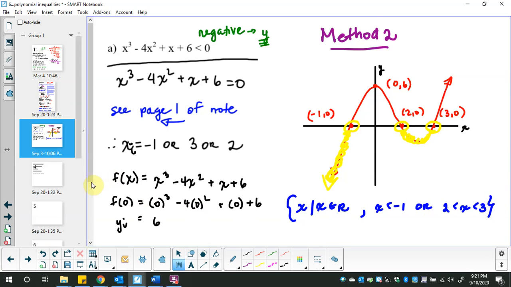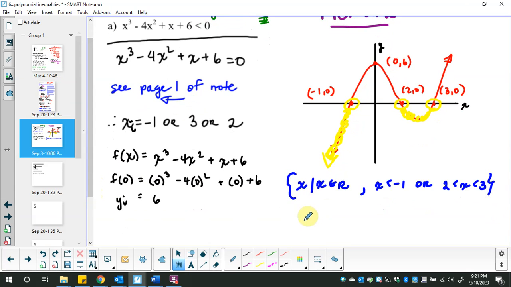There's your set notation, and then here is your interval notation. You are coloring all the way from way the heck down here at -infinity up to not including -1, or you are somewhere between 2 and 3, not including 2 and 3. And that's why I like this better, is because I did that in way shorter time.